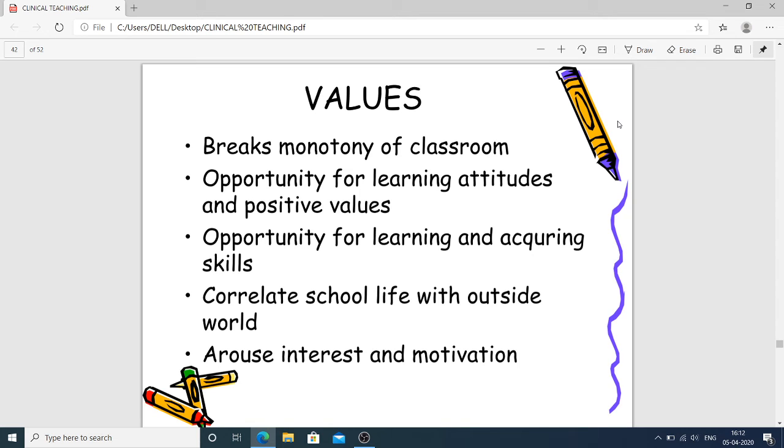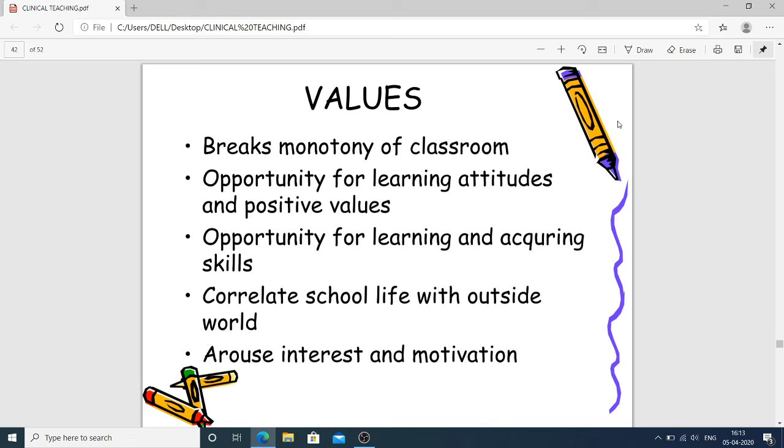Opportunity for learning attitudes and positive values, opportunity for learning and acquiring skills, correlate school life with the outside world, arouse interest and motivation. Arousing interest means students are very enthusiastic, very excited to learn in the form of a field trip.